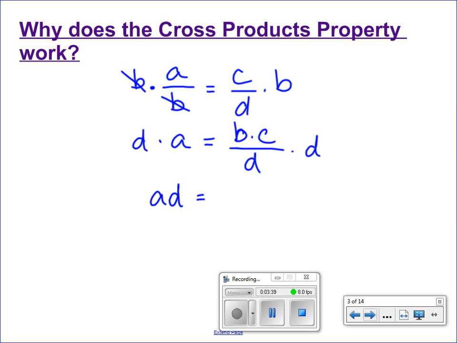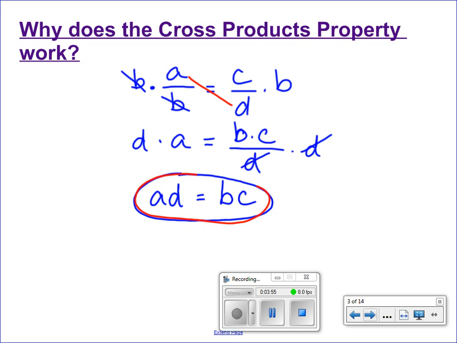On the right-hand side, our D's cancel out and leaves us with B times C. So notice that when we go back to the original problem, this right here is the same as taking A times D is equal to B times C. And that's called cross products.